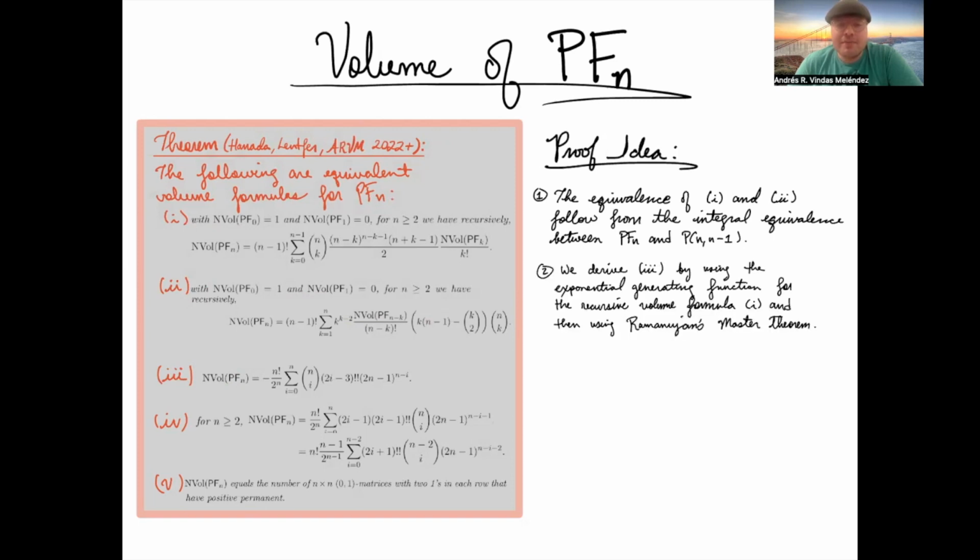Now we derive 3 by using the exponential generating function for the recursive formula in item 1, and then we use analytic combinatorics tools and analytic number theoretic tools, such as Ramanujan's master theorem, which is, at least to me, very surprising, but very nice. I did not expect to use it for such a problem.